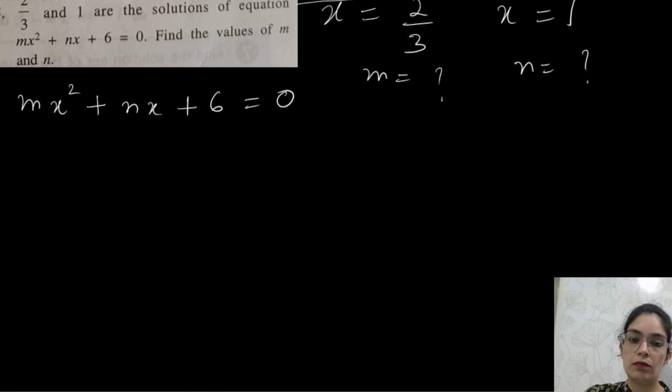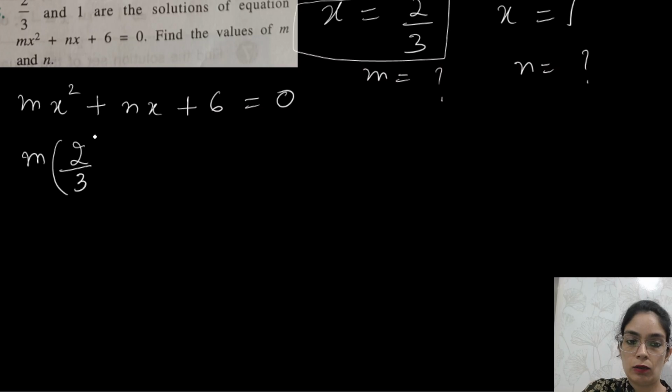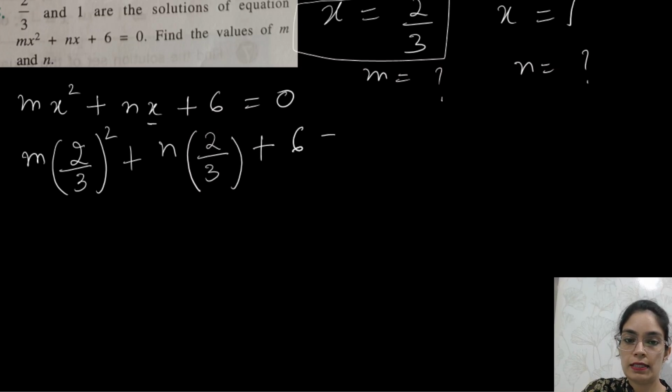So first of all, one solution of the equation is 2 by 3, that we will substitute. So in place of x I am writing 2 by 3 whole square, plus again n into, in place of x, 2 by 3, plus 6 equals 0.